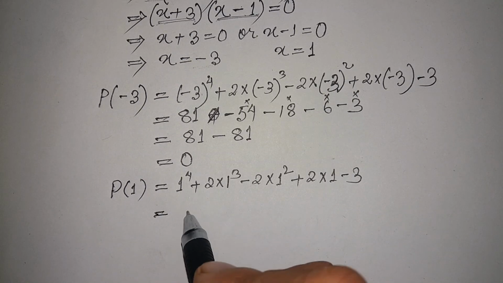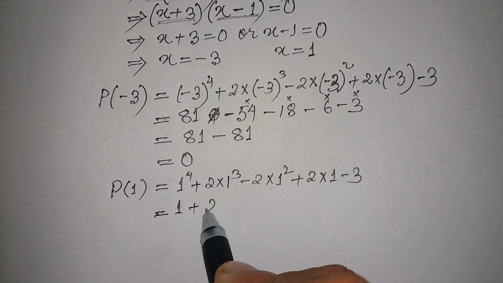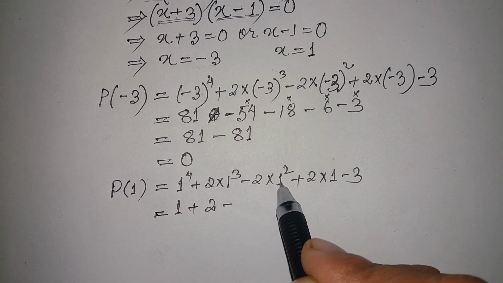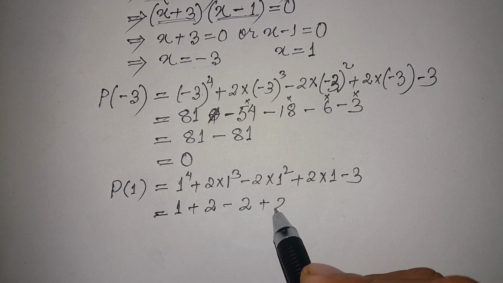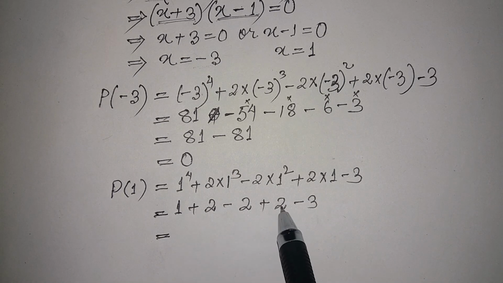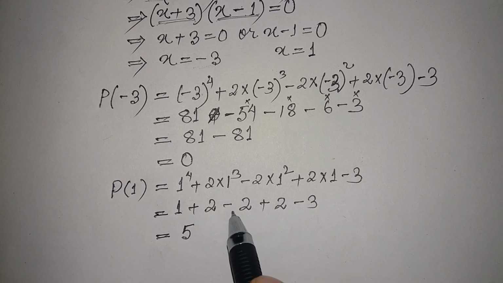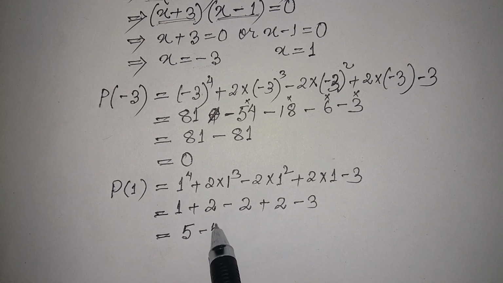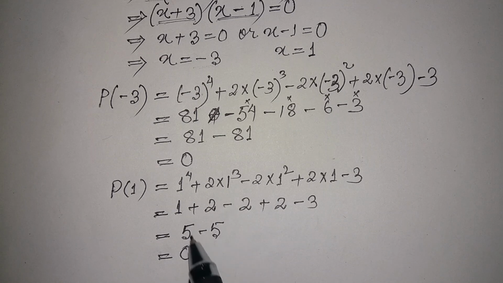This is equal to 1 to the power 4 is 1, 1 cube is 1, 1 into 2 is 2, minus 1 square is 1, 1 into 2 is 2, plus 2 into 1 is 2, minus 3. Now this is 1 plus 2 plus 2 is 5, minus 2 minus 3 is minus 5. Again here also we are getting 0, which means that the remainder in both the cases is 0.